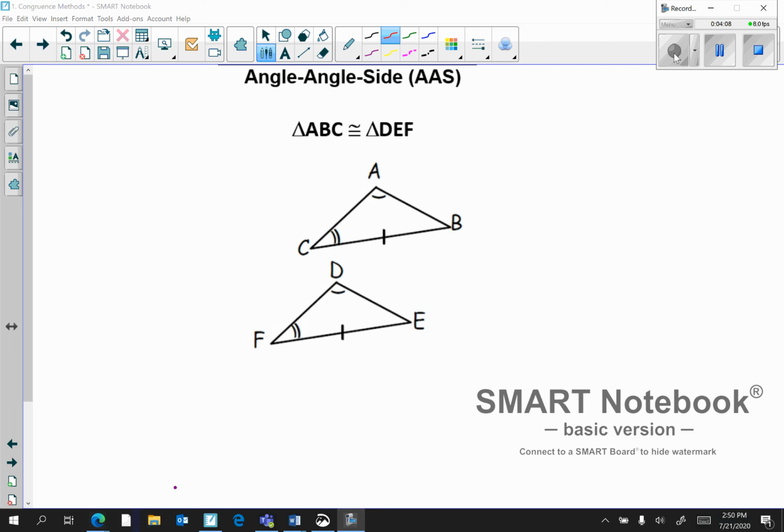Next, we have angle angle side. So triangle ABC is congruent to triangle DEF by angle angle side. So notice here, the side is not in between the two angles.